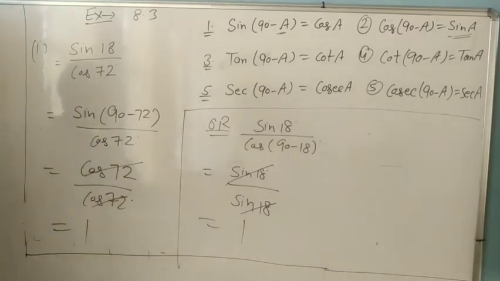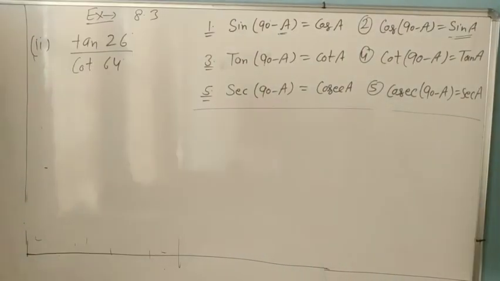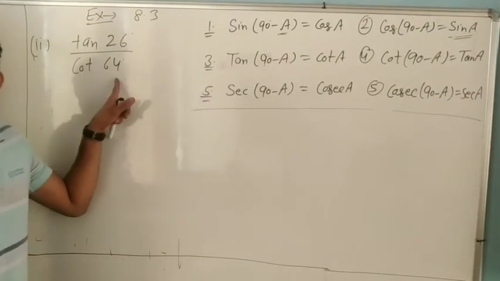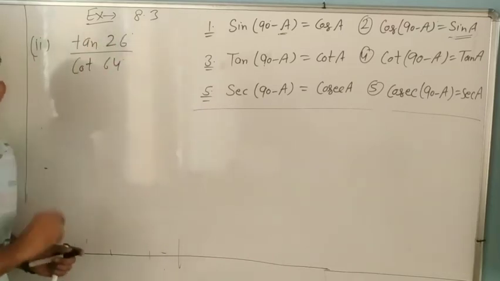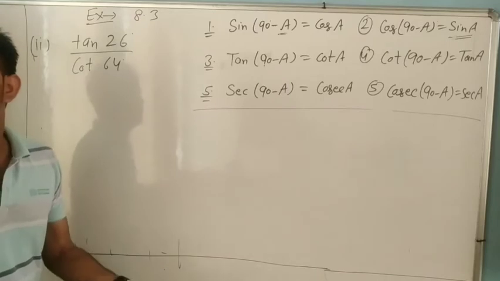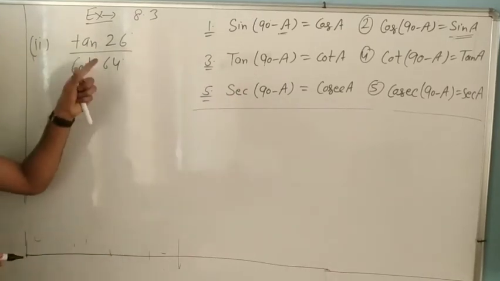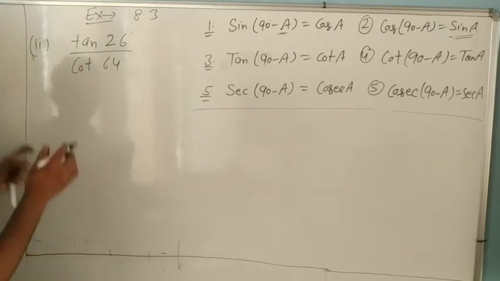Next, B part, note it down. Now again dear, tan 26 divided by cot 64. Again the sum 64 plus 26 is 90, so we will use this formula. We can cut only when both are the same trigonometric ratio, both tan or both cot.